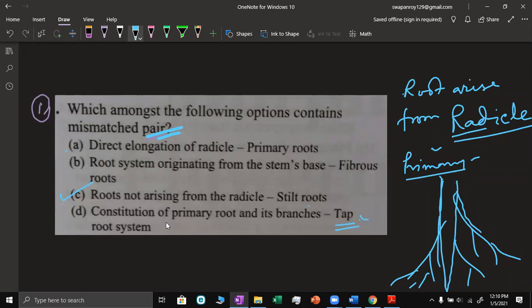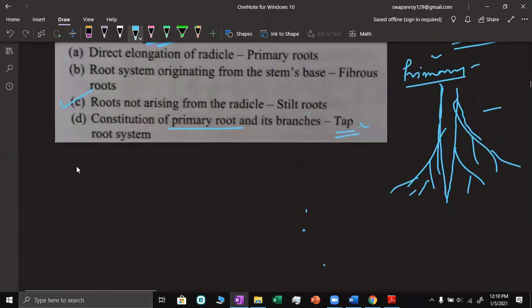So constitution of the primary root means the primary root's branches form the taproot system. You should remember that the taproot system is the characteristic of dicot plants.